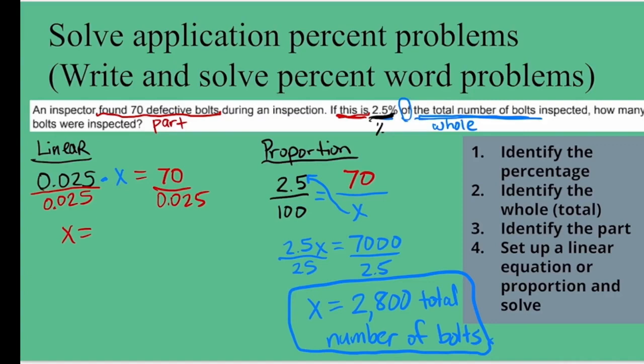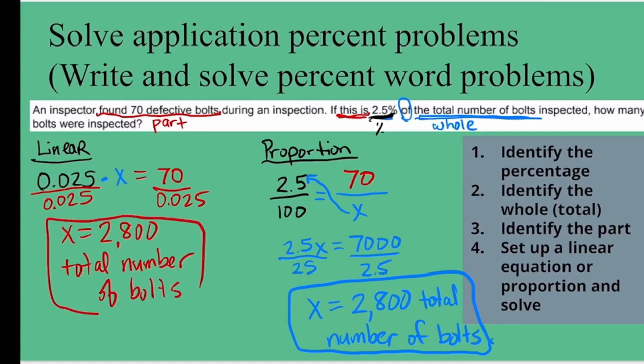If you do 70 divided by 0.025, you get the same answer. So again, word problem, total number of bolts. Because we're looking for a number and not a percentage, for both of these there is no extra work. So that's how you do it.